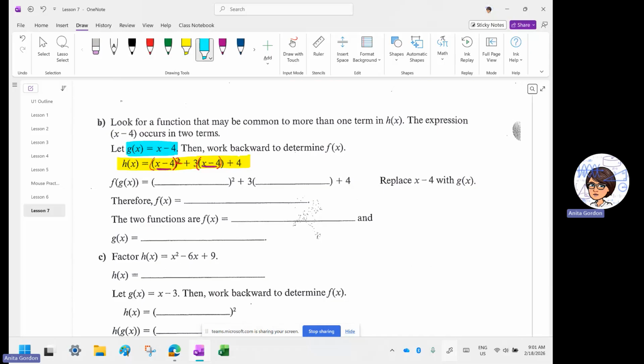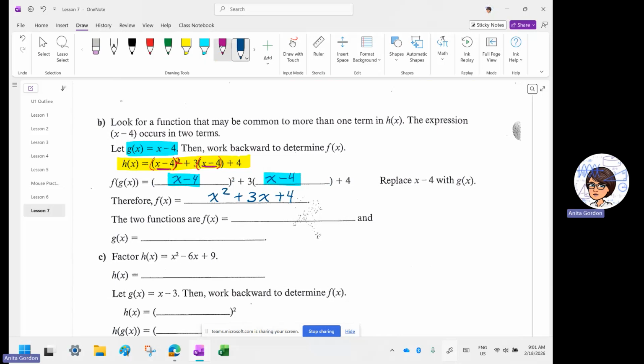Which means if I look at just the bracket pieces, I'll just put that here. If this represents g, then what's on the outside of the brackets must represent f. f would look like x squared plus 3x plus 4, right?